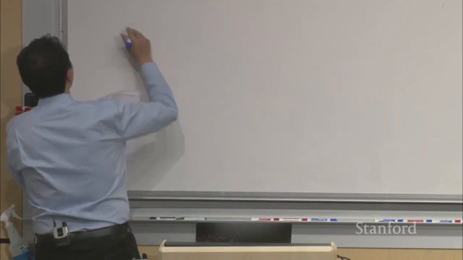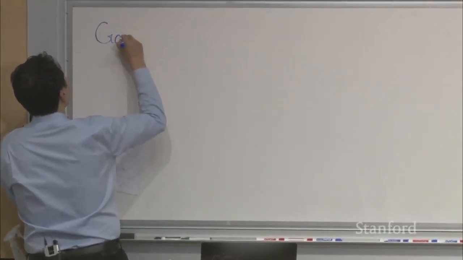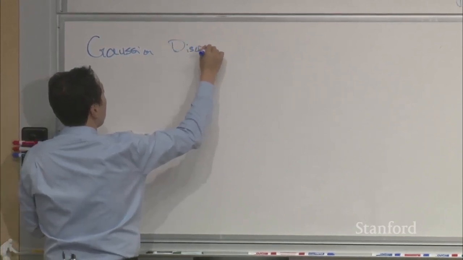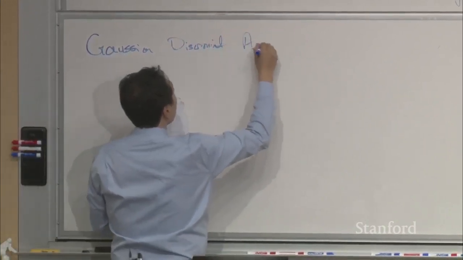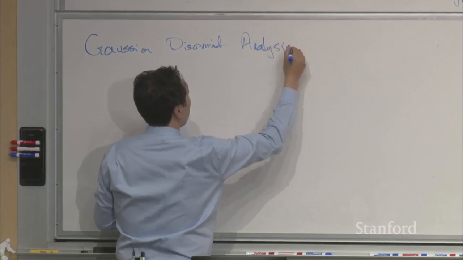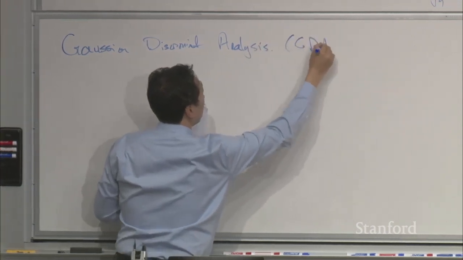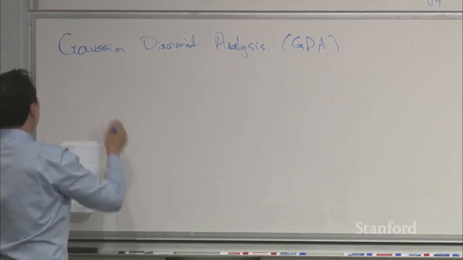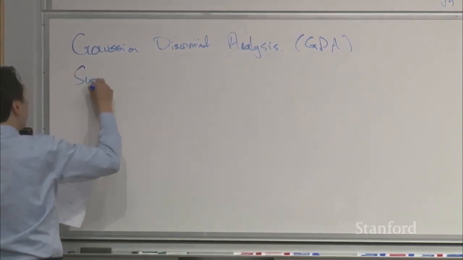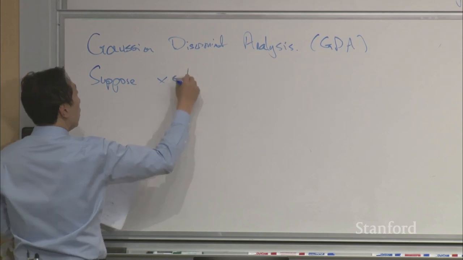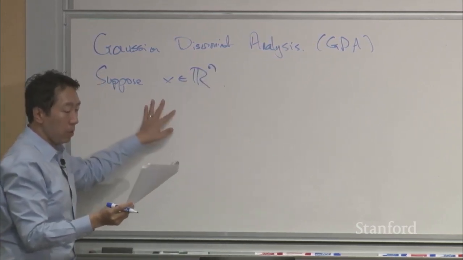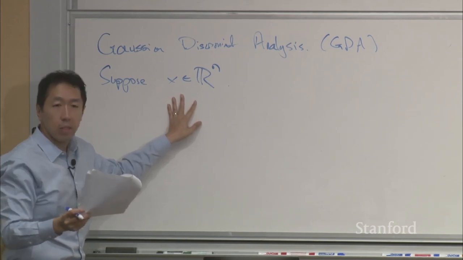So let's talk about Gaussian discriminant analysis, GDA. Let's develop this model assuming that the features x are continuous values.